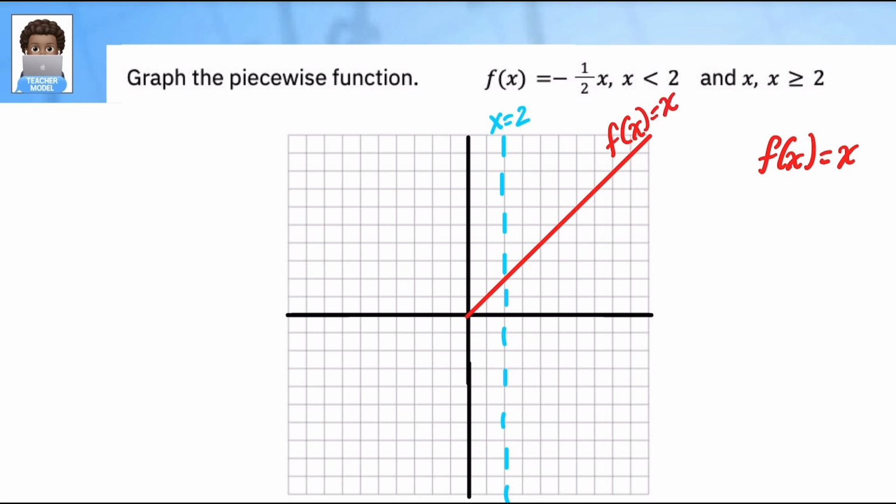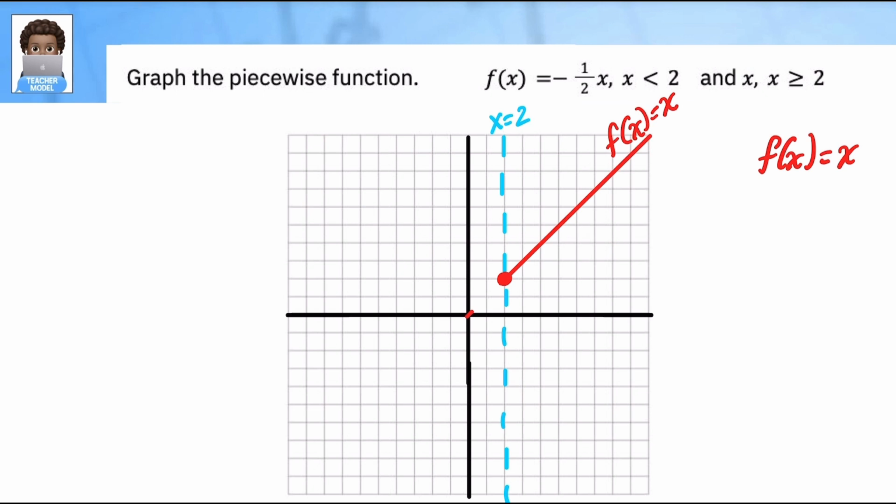Nice and easy, slope of 1, nothing's really happening, no shift, it's starting at 0, 0. The challenge is that I know that it has to be where x is greater than or equal to 2. So at this 2, I'm going to have a closed circle. And everything else before it doesn't exist. I'm not looking at it. So I'm just doing that piece over there.